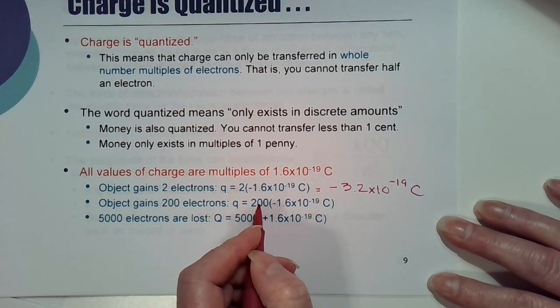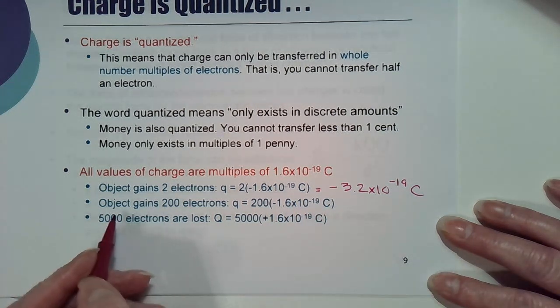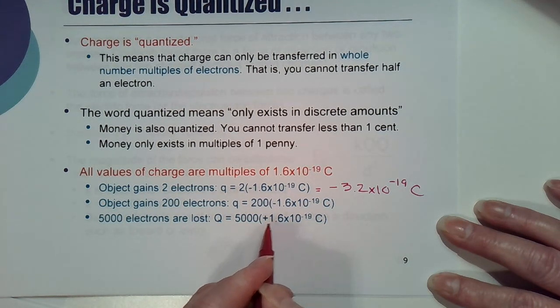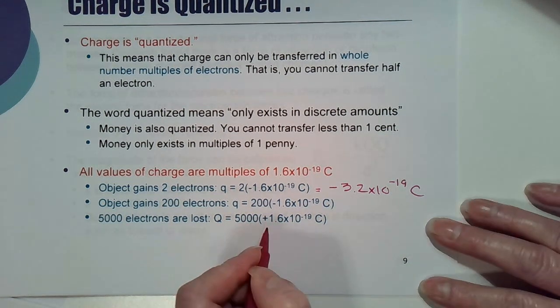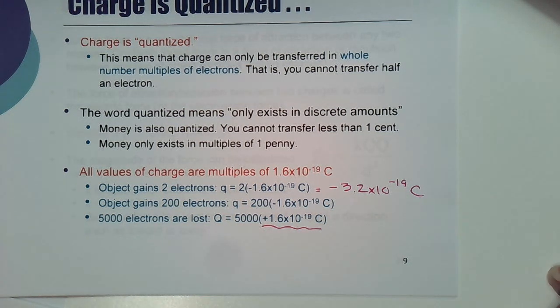Then its charge would be 200 times that many coulombs. And if we lose electrons, then it becomes positively charged, and everything is a multiplier of this. That's what the word quantized means. It only exists in these certain lumps.